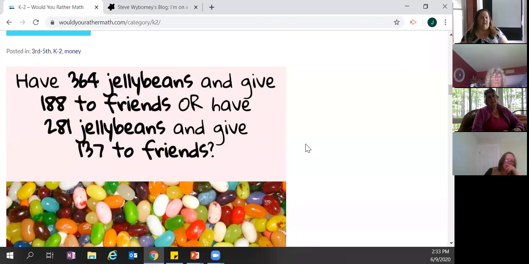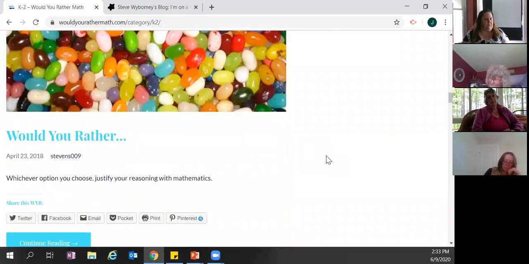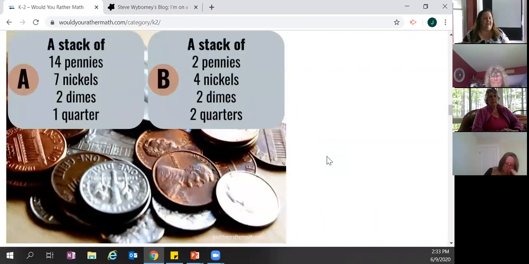If they think about wanting to share more with friends, they might choose that way. But there's lots of different types of problems. Here, they're given two stacks of money and they need to figure out which one they would rather have.